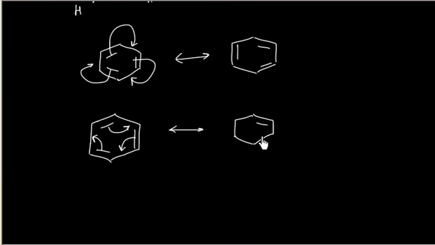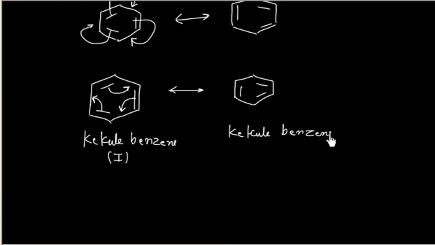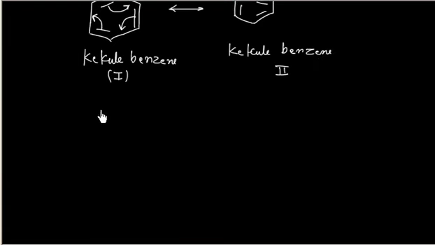This molecule is called benzene. So benzene has 2 resonating structures. These resonating structures are also called Kekulé benzene. So this is Kekulé benzene 1 and this is Kekulé benzene 2. These two are resonating structures. We can also show if I have an 8-membered ring.